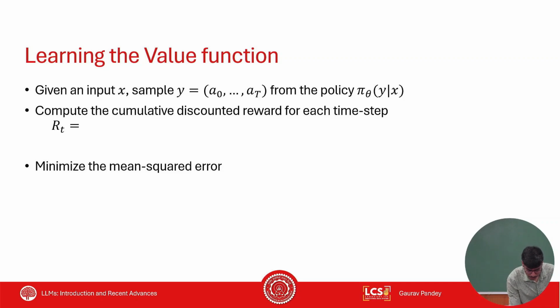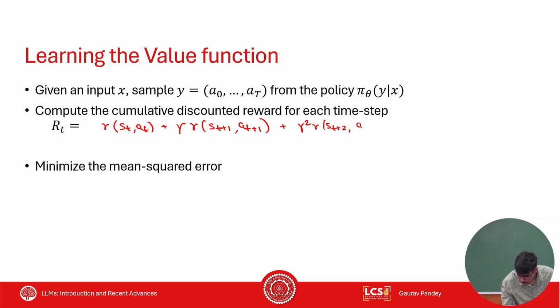RT is the reward you receive at that time step, plus the discount factor times the reward for the next time step, plus gamma squared times the reward of the next, and so on and so forth. You do this for each token; at each token you can compute what the future reward is. This is also known as the reward to go.